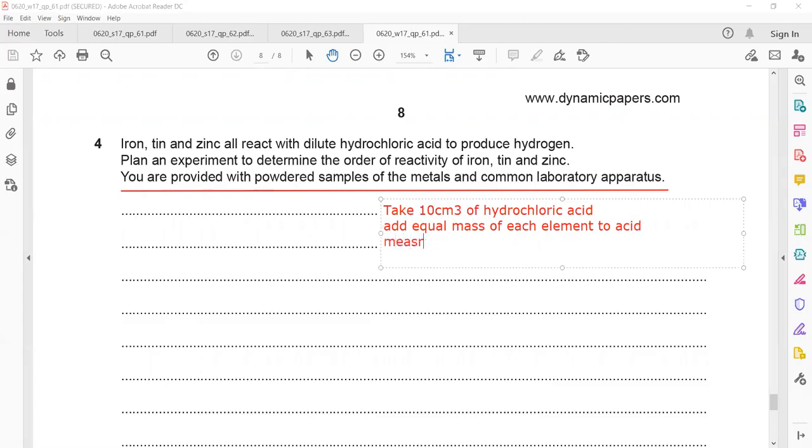Then measure the volume of the gas by gas syringe. Then record the time by stopwatch.